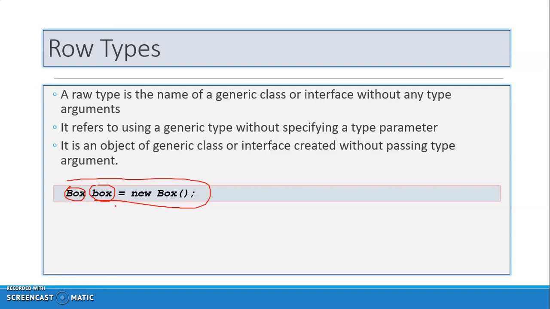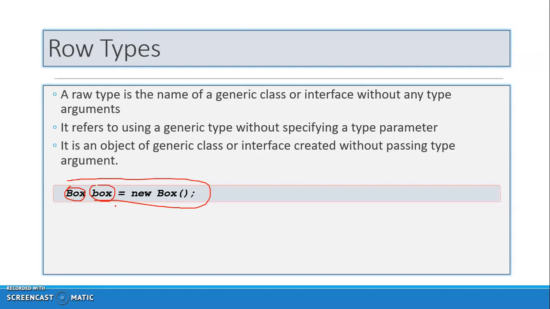But the implication is that when you do this, you do not benefit from generics, so to say, because there are some advantages, as we saw in the very first video, that generics help us to safeguard our code in terms of type safety. But this is now defeating that.